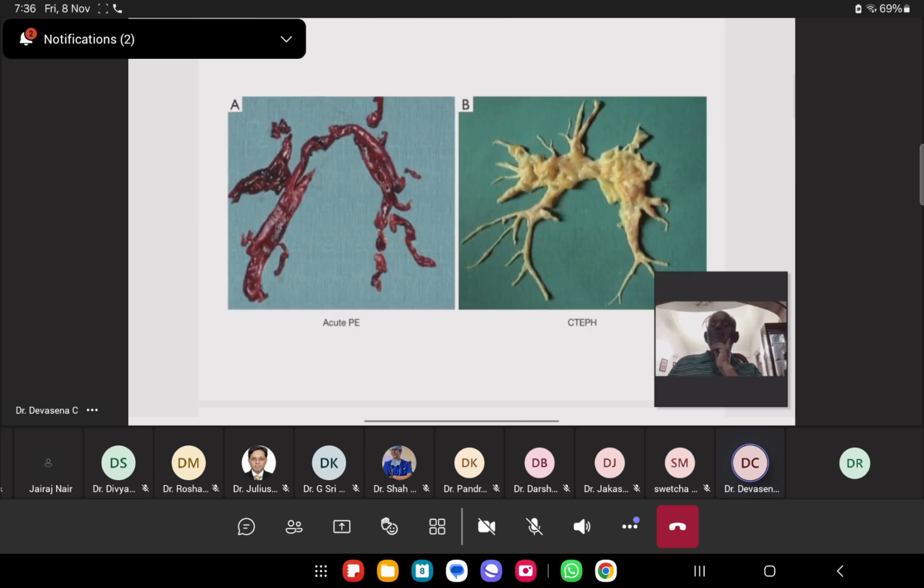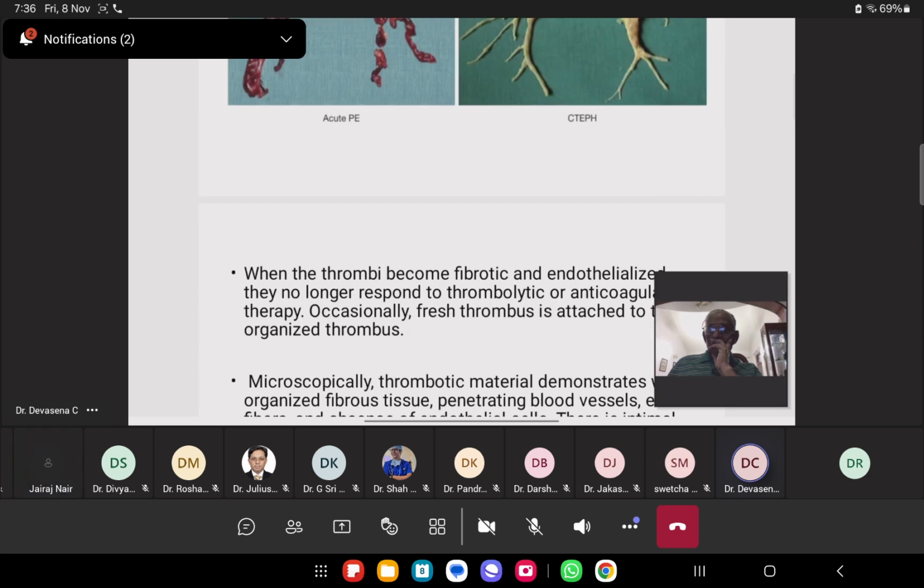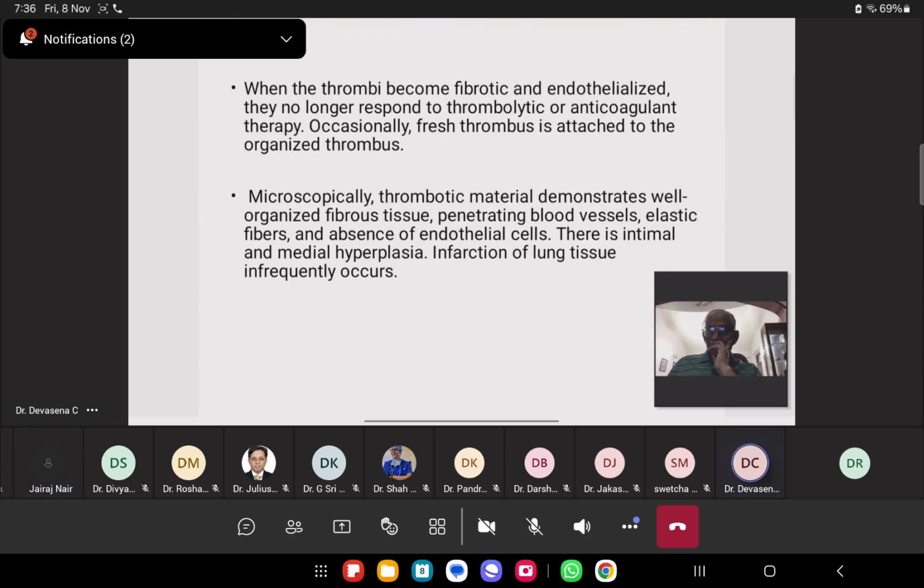This image shows fresh clots in acute pulmonary embolism and yellow adherent plaque lesion in CTEPH. When the thrombi become fibrotic and endothelialized, they no longer respond to thrombolytic or anticoagulant therapy. Occasionally, fresh thrombus is attached to the organized thrombus.